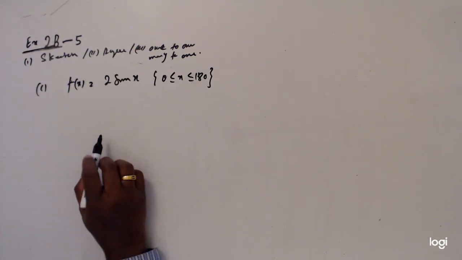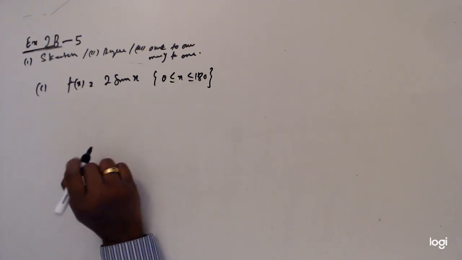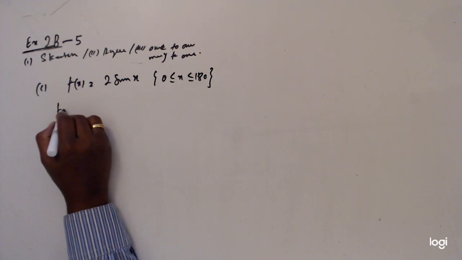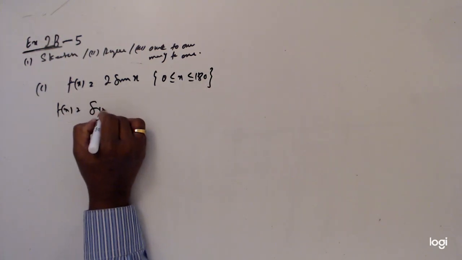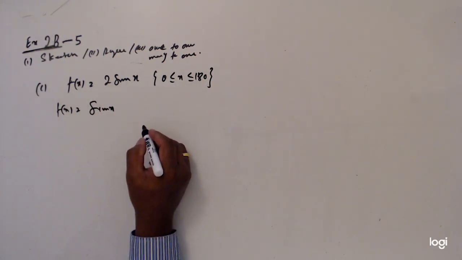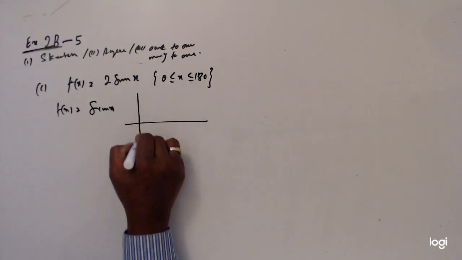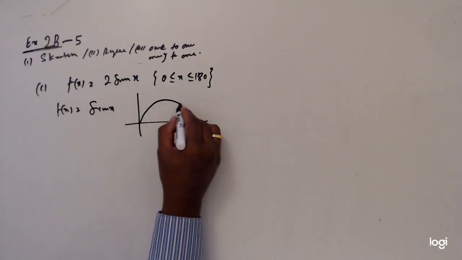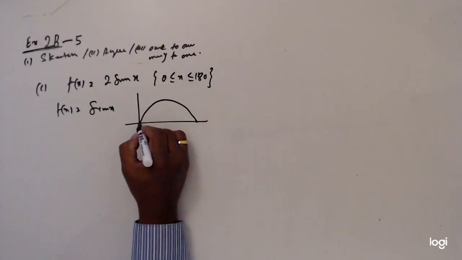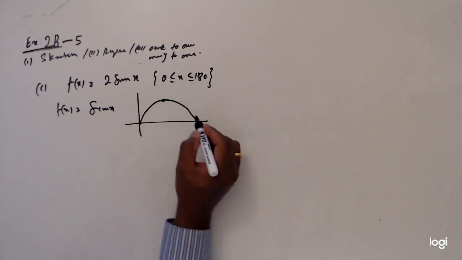Part C, f(x) equal to sin x, this is the graph. First of all, just to get an idea, sin x. Sin x we do like this, 0 to, so we consider three points.